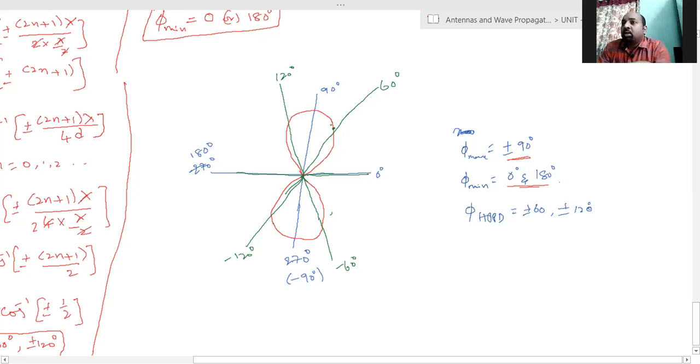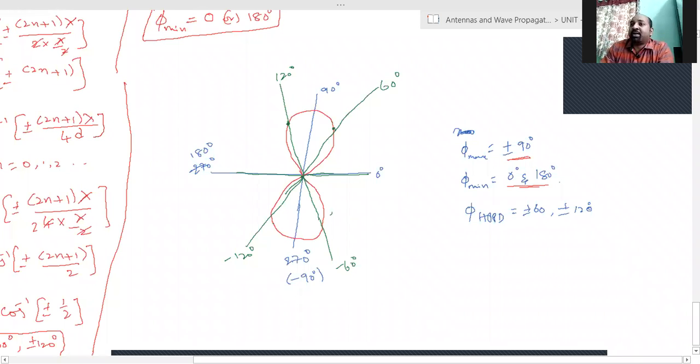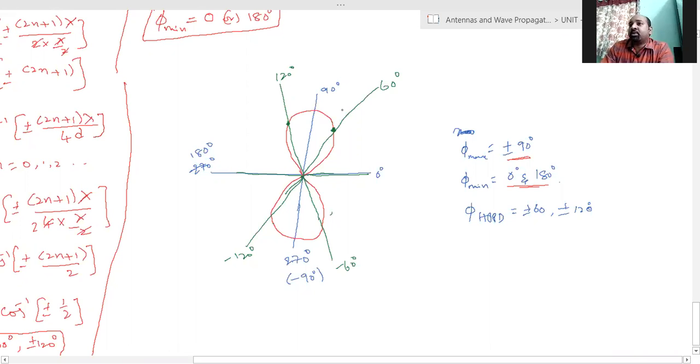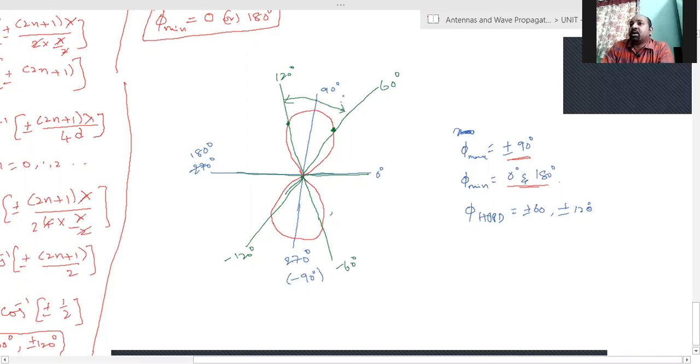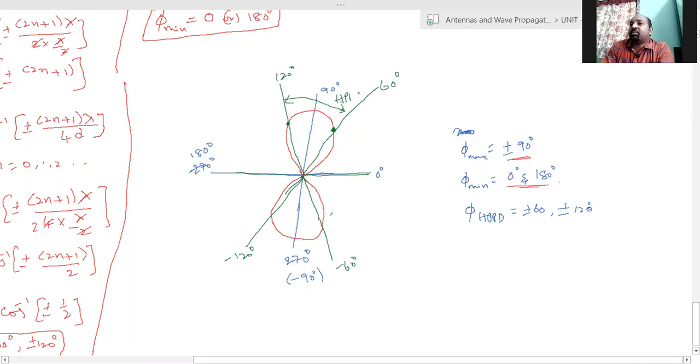So 90 degrees is maximum radiation and minus 90 degrees, that is 270 degrees, is maximum radiation. 0 degrees is null, 180 degrees is null, and the 60 degrees line and 120 degrees line are the half power point directions. So this width is nothing but the half power beam width.